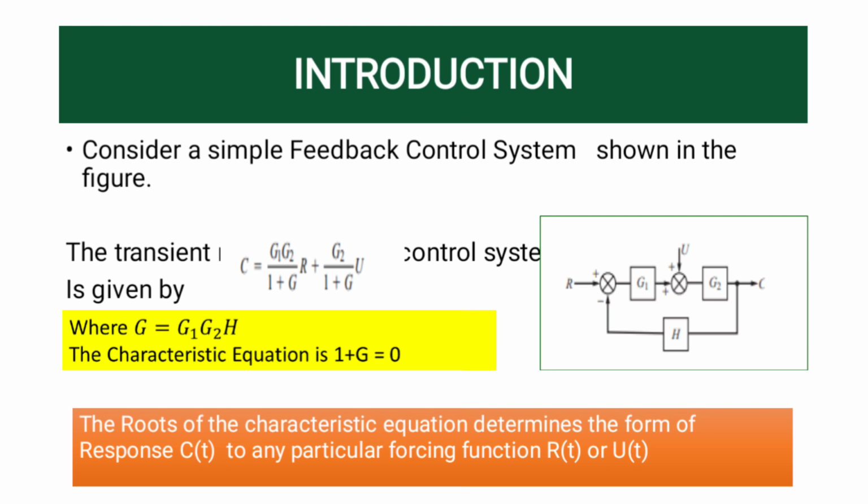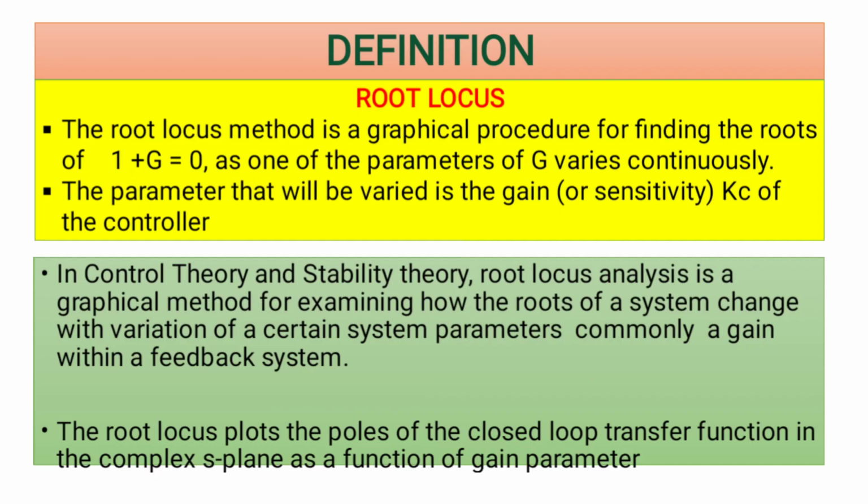Here, the roots of the characteristic equation determine the form of the response C of t to any particular forcing function, that is set point change and load change. R(t) is the set point, U(t) is the load. Now, we can define what is root locus. The root locus method is a graphical procedure for finding the roots of 1 plus G equals 0 as one of the parameters of G varies continuously.